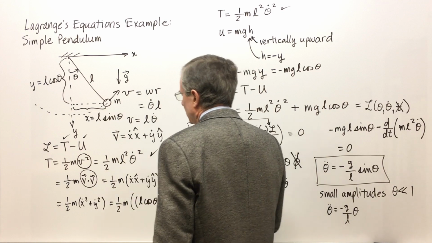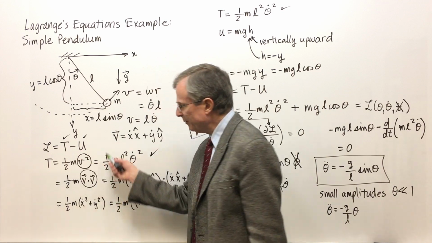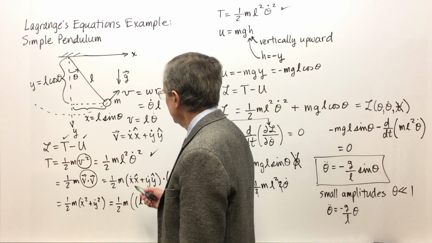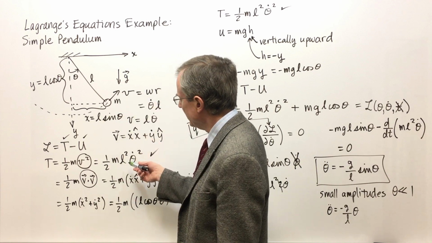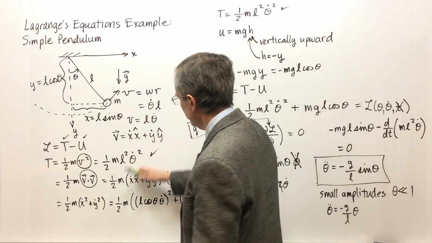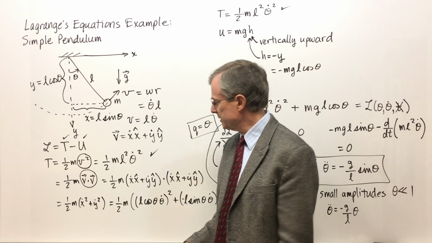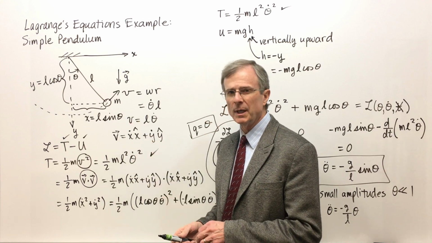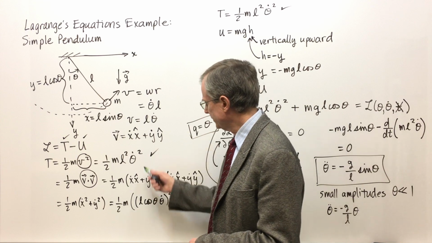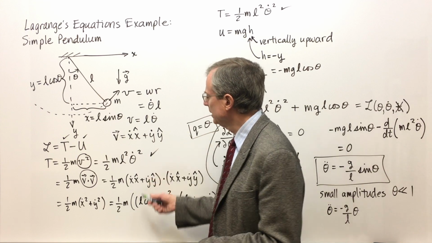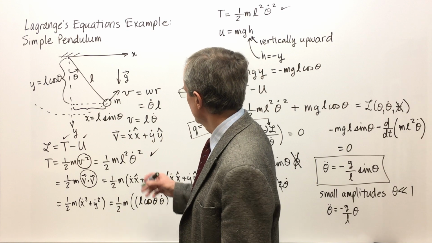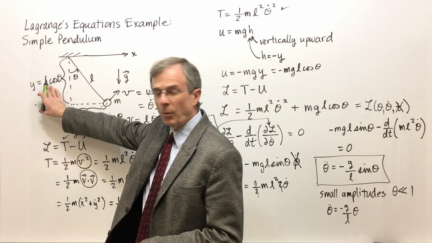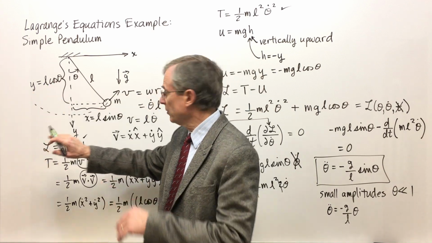Also, be careful about finding the kinetic energy. This quick and dirty way of finding the kinetic energy would have saved us a lot of effort, all of this effort here and some extra derivatives. And it's fine in this simple case, but in more complicated cases, you're better off doing a little bit of algebra, writing out x and y in terms of the generalized coordinate.